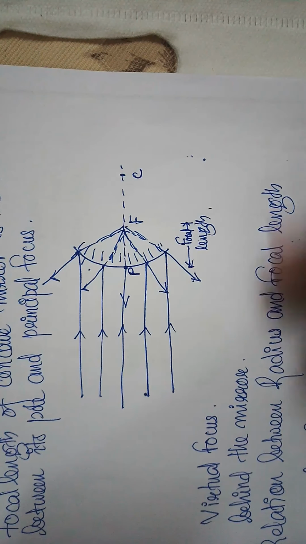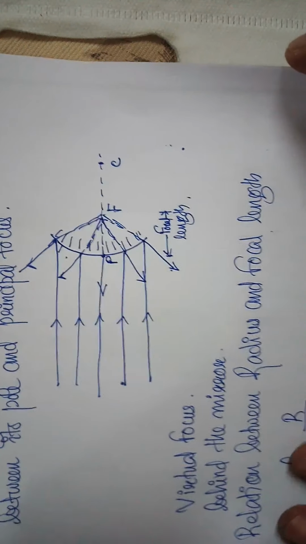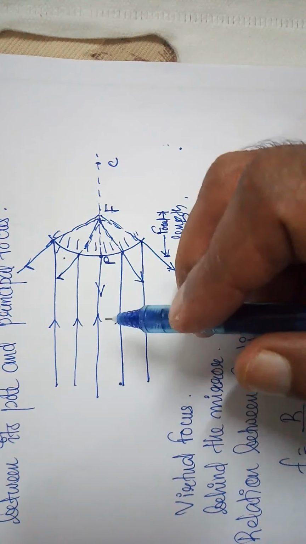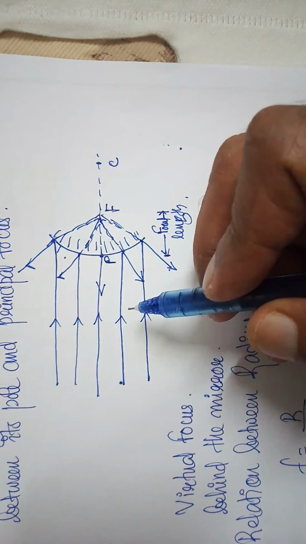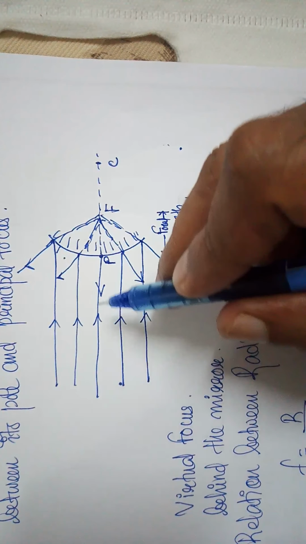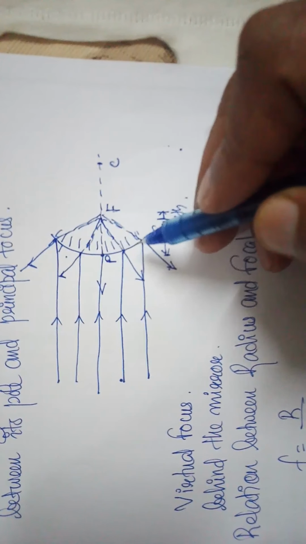Now, when we consider the principal focus and focal length of a convex mirror, a beam of light appears to diverge after being reflected from the convex mirror, like this.